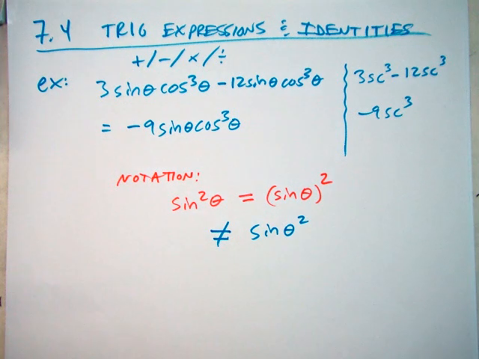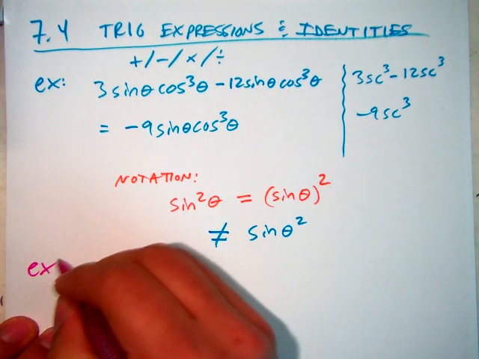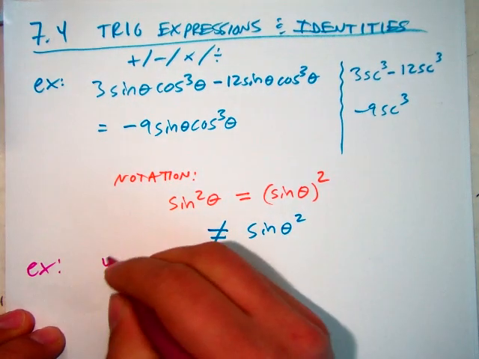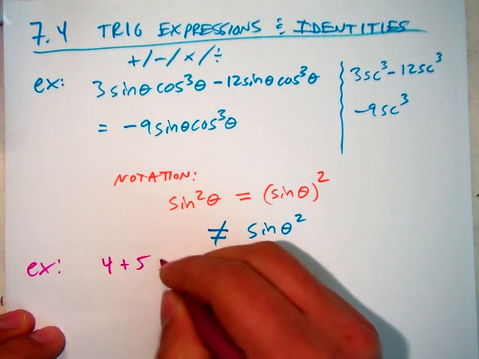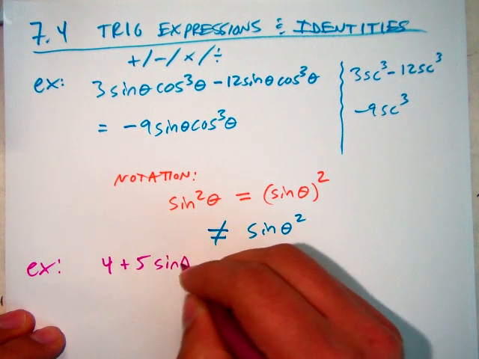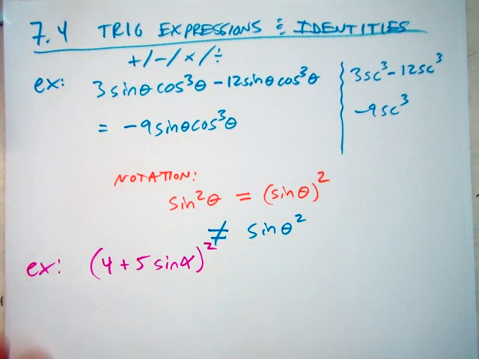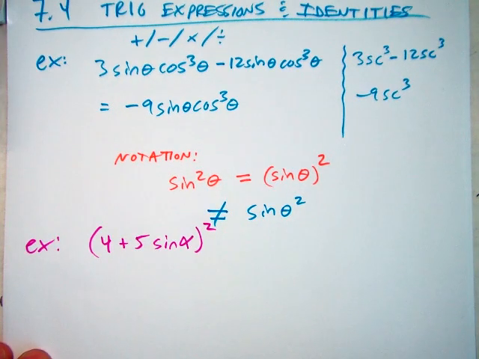For instance, let's say we wanted to multiply some stuff out. So if I had like 4 plus 5, let's say sine of alpha, and I wanted to square this. Is the 5 connected to the sine? Yes.